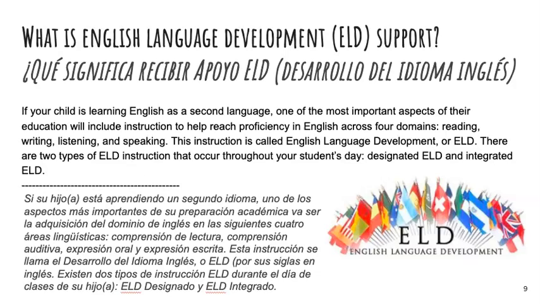You may have heard the term ELD, but may be wondering, what is English Language Development or ELD support? If your child is learning English as a second language, one of the most important aspects of their education will include instruction to help reach proficiency in English across 4 different domains: reading, writing, listening, and speaking.